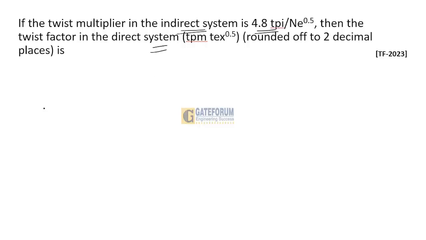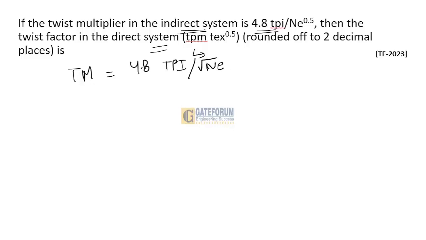Then how we need to find out this? Here what it is given as, this is a yarn manufacturing question. This is a 2-mark question, and if we have to calculate, then the TM that is given as 4.8 TPI upon root NE.